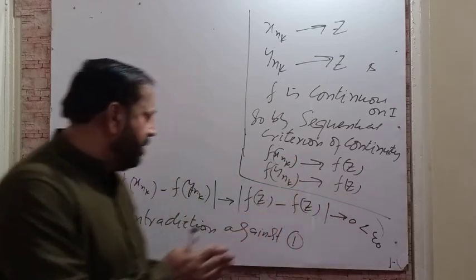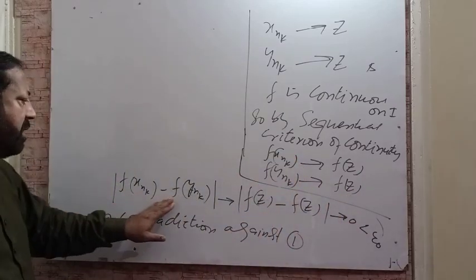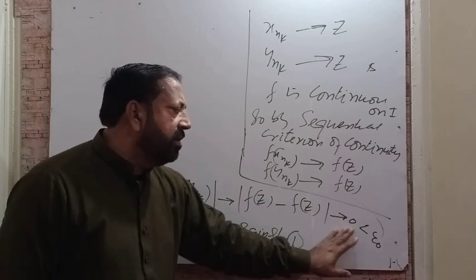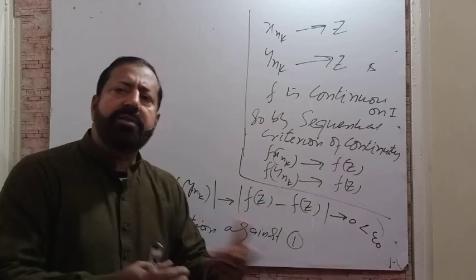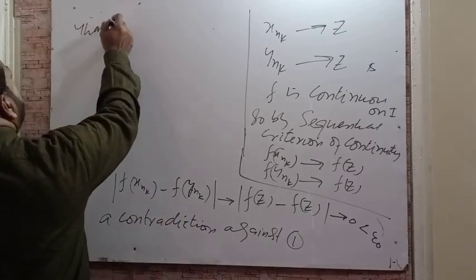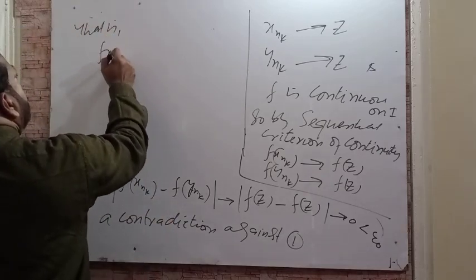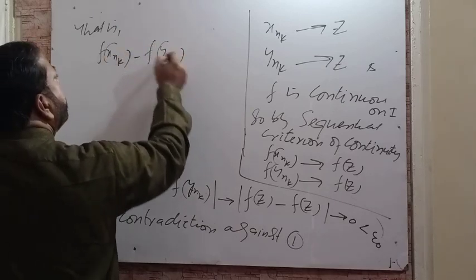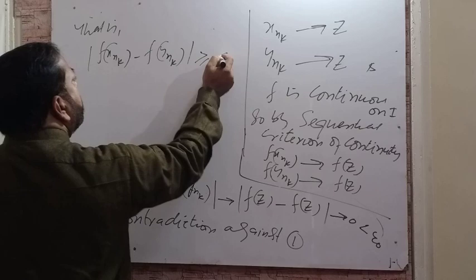If this is the case, then of course f(x_nk) minus f(y_nk) converges to f(z) minus f(z), which tends to 0, which is less than epsilon naught. So consequently, we have established that |f(x_nk) minus f(y_nk)| is greater than or equal to epsilon naught.